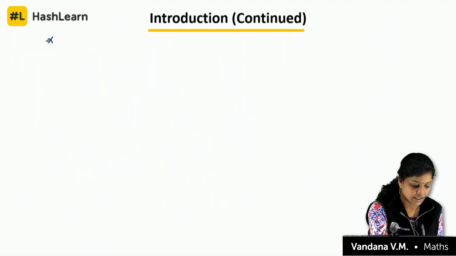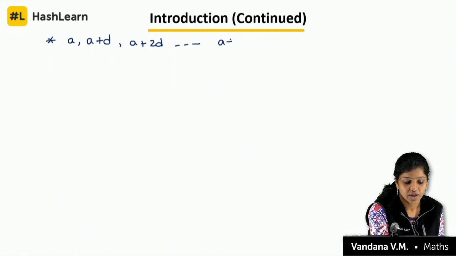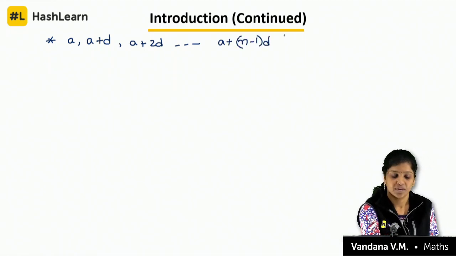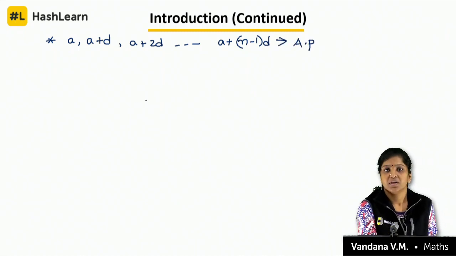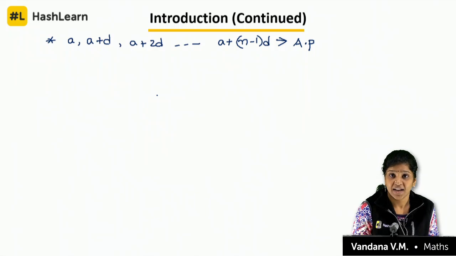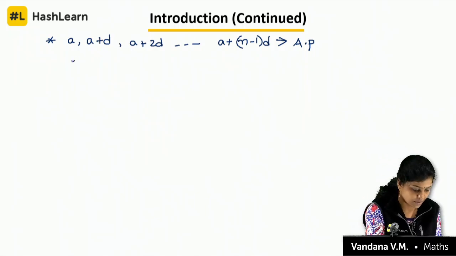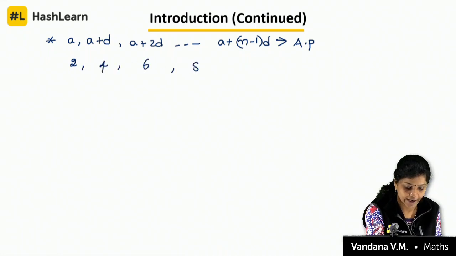The first property: a, a plus d, a plus 2d and so on. If I have a sequence or series like this, this is in arithmetic progression. If I start adding one constant to this sequence, just imagine 2, 4, 6, 8.